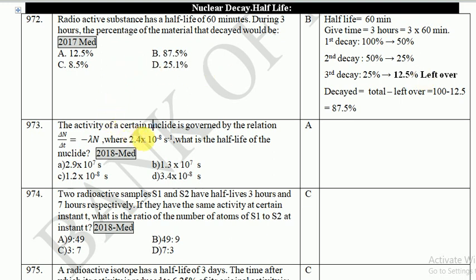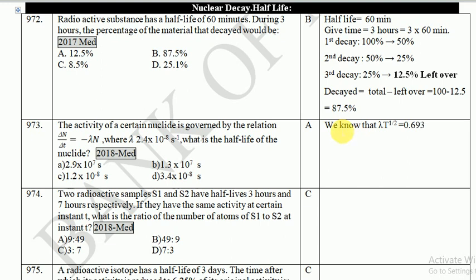Now the activity of a certain nuclide is governed by the relation where lambda is 2.4 multiplied by 10 to the power minus 6 per second. What is the half-life of the nuclei? So we know that lambda into half-life is equal to 0.693.